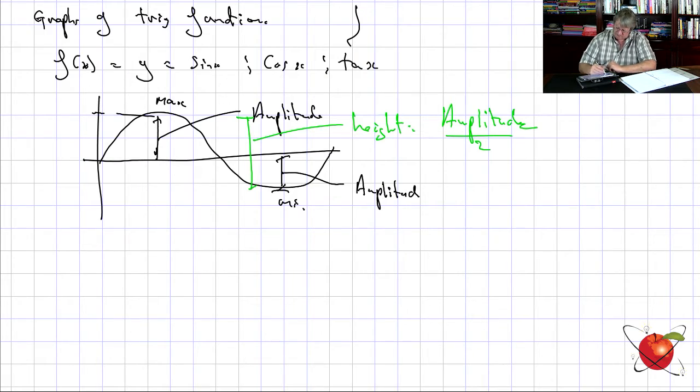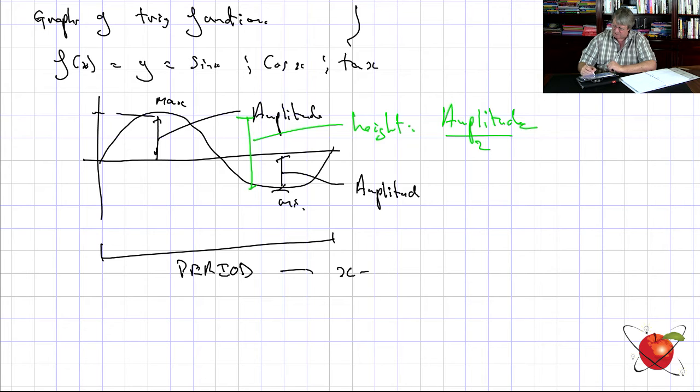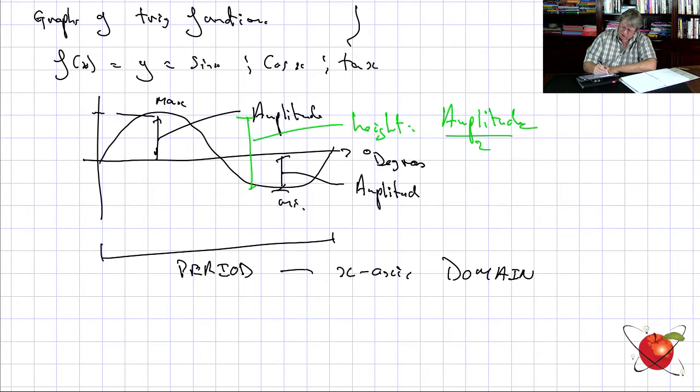And what do we talk about here? The next thing is we have the period of the wave. The period of the wave is along the x-axis, and it is the domain. It's measured in the domain. And when we're plotting a trig graph, what is x? We plot along here degrees. Generally speaking, this goes from 1 to -1 for sine and for cos.